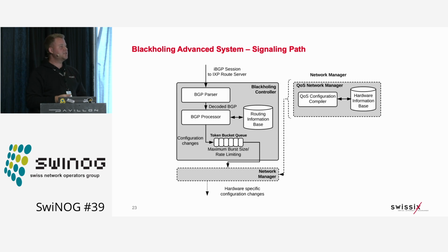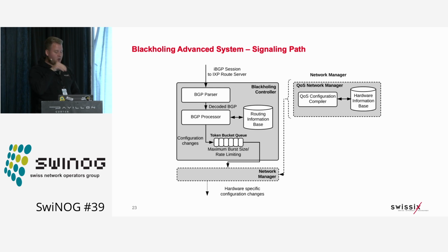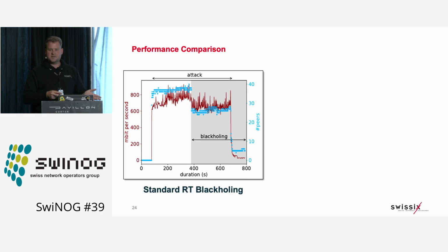The BGP message is then being parsed and processed, and all the commands to filter specific traffic are then put into a token bucket queue, and then through a network manager, which orchestrates the IX fabric, are programmed into the fabric.